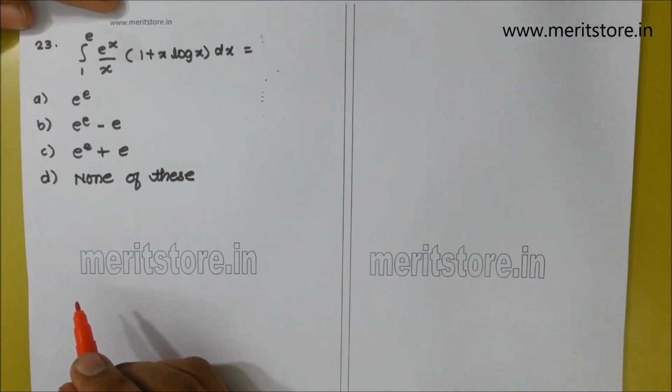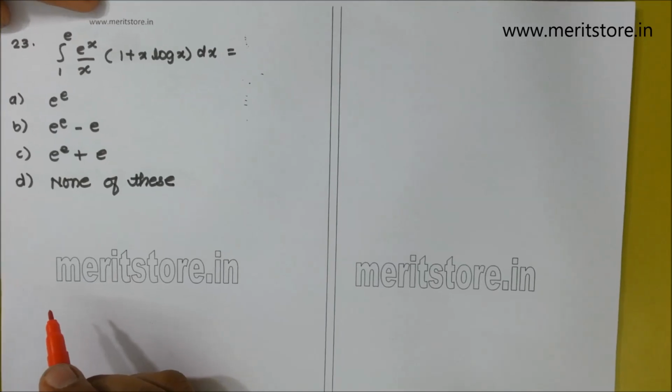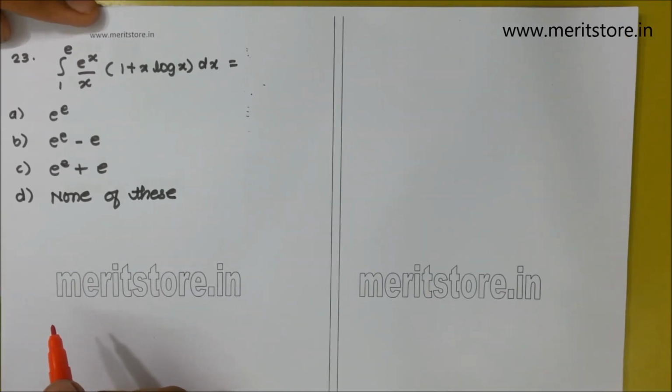23. Integration from 1 to e of e raised to x upon x, brackets 1 plus x log x, dx is equal to.